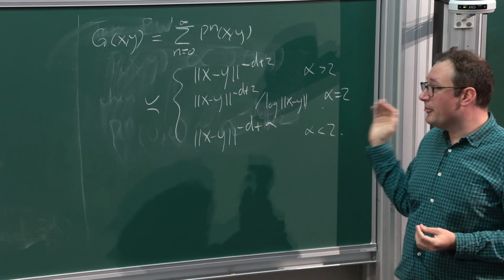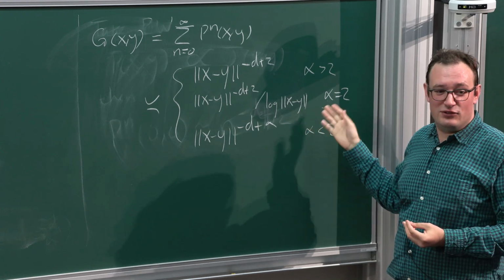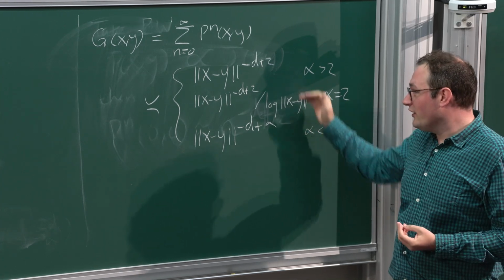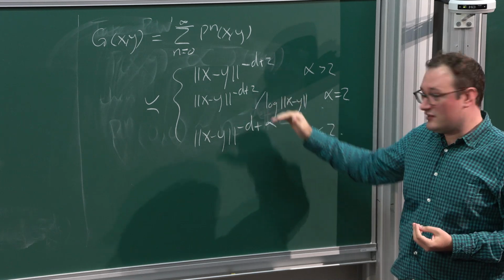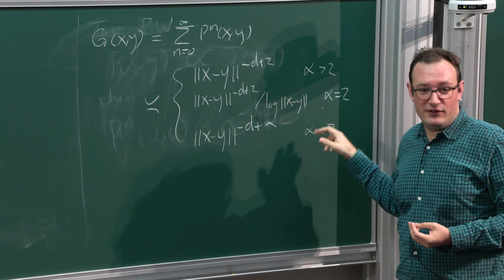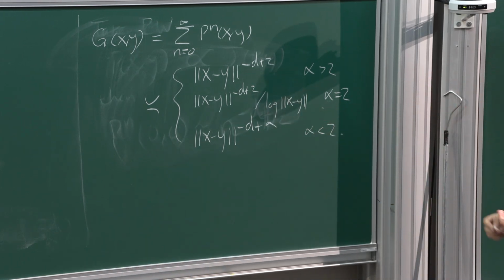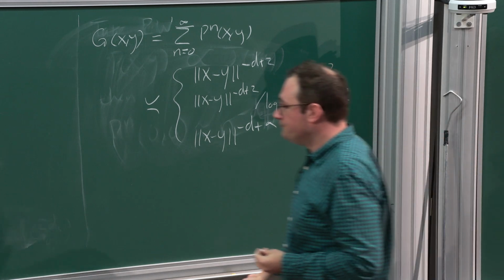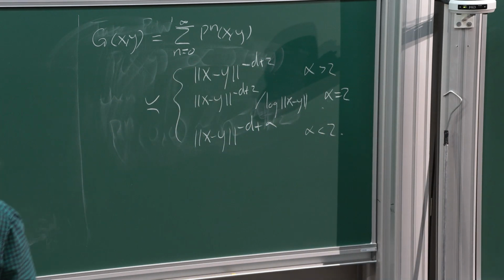I'll come back to this in a second, but if you do numerics, it's very hard to see this because the convergence is extremely slow around alpha equals 2, and you get these log corrections coming in. Okay. Good. So what about long-range percolation?